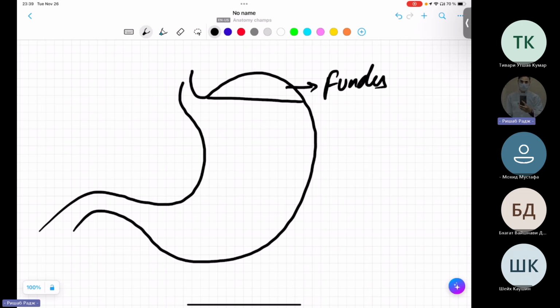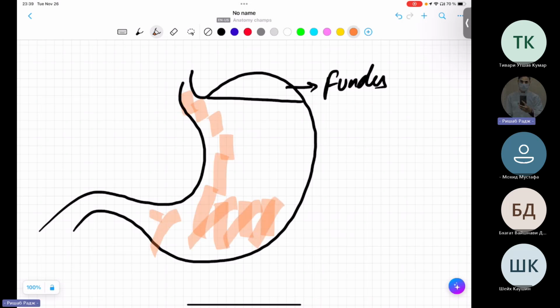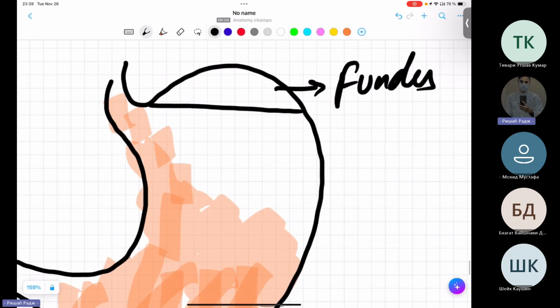You know why fundus is very important to study? For example, you ate something, it got accumulated here. HCl came, it started to digest and it formed gas. So this gas will ascend above and be stored in this part. So yes, fundus is primarily responsible for the storage of the gas.